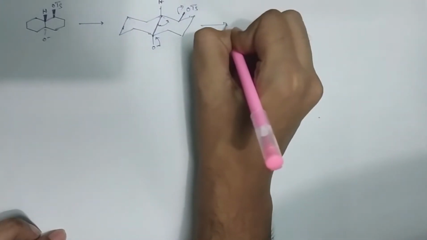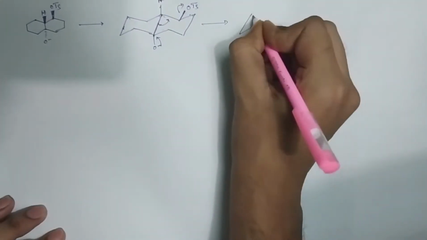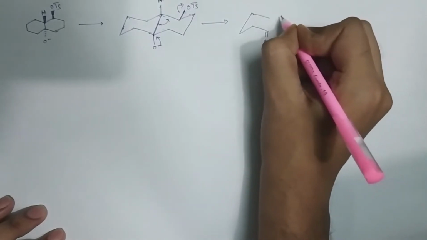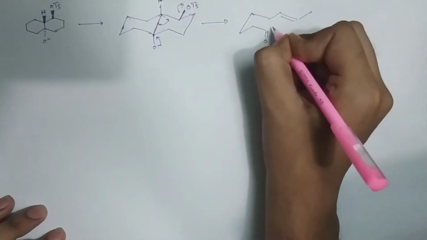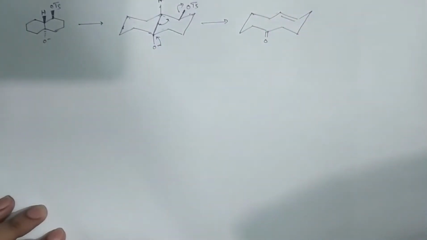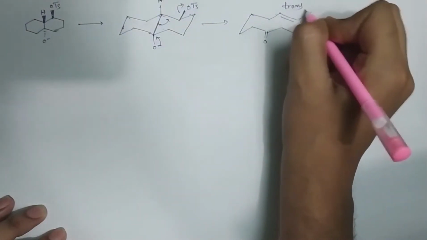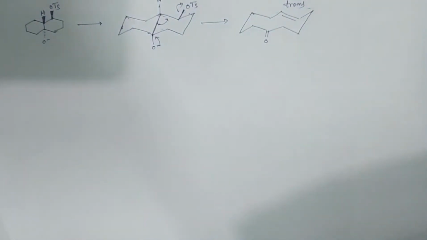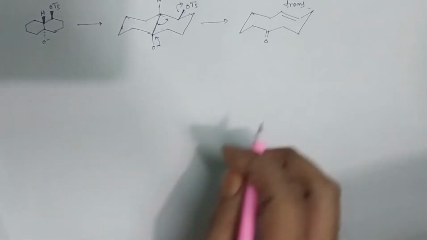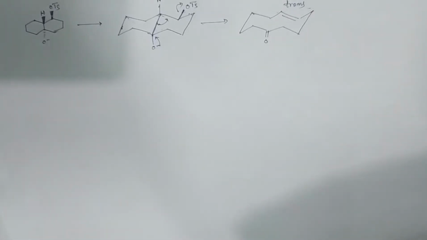So what we get? The important thing is that this is the trans double bond we have produced. This is a 10-member ring that has been formed.